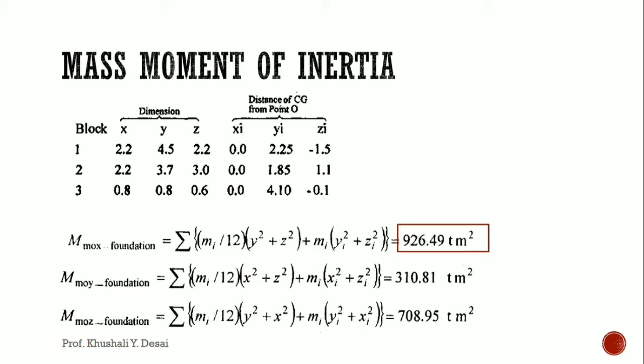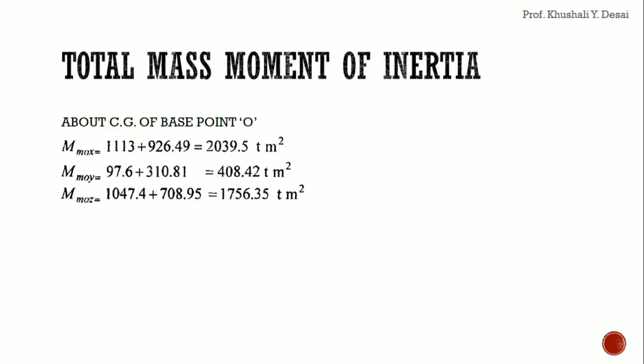So in x, y, and z, these three are the values obtained. Adding these up, you get the combined mass moment of inertia about the CG of base point O. The values are 2039.5 ton meter square about x, 408.42 about y, while about z it is 1756.35 ton meter square.